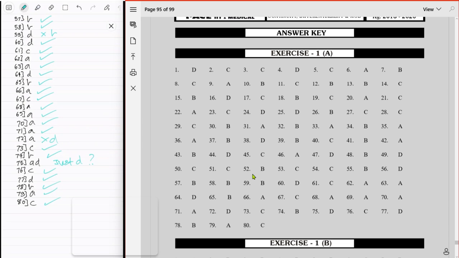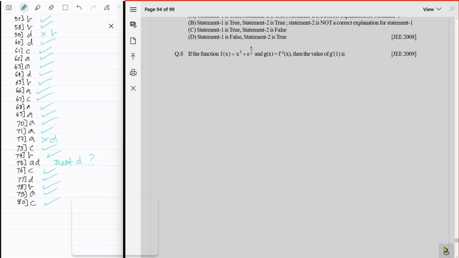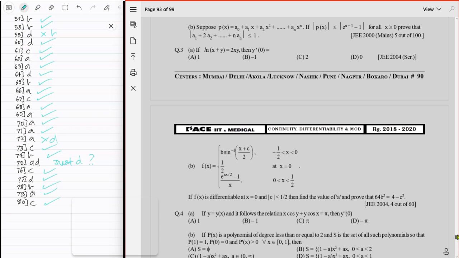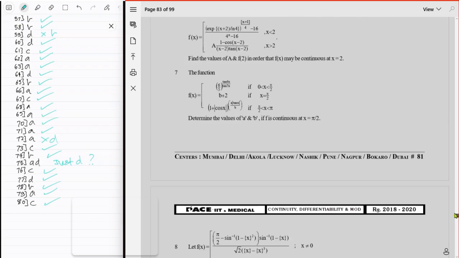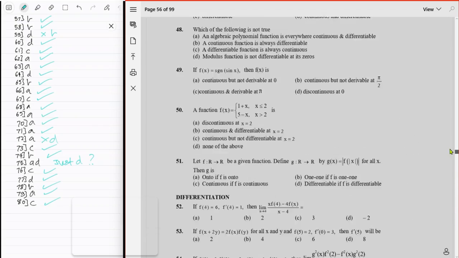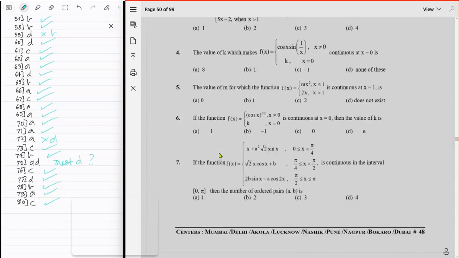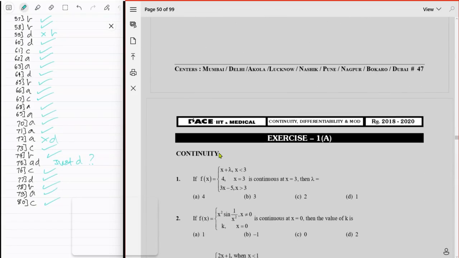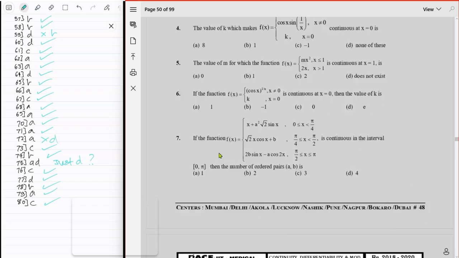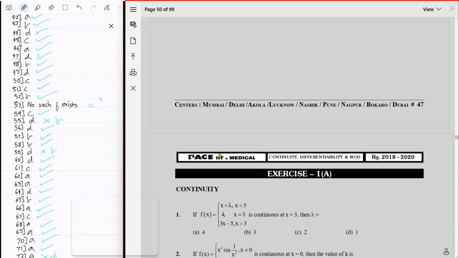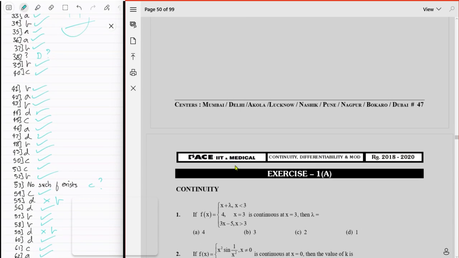So let's go to 72. Oh, where is it? 1A exercise. This is exercise 1A. Yeah, so we want, actually, since we are on the top anyway, start from 41.